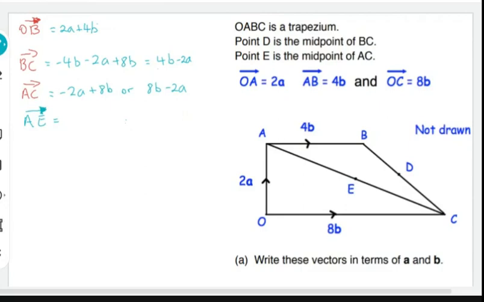Oh, E is the midpoint of AC. That's it. So E is the midpoint, so now you know that A to E is halfway. So 4B minus A. Yes, very good, because it's just going to be half of AC, which in this case is going to be 4B minus 1A, or just A. Good stuff.